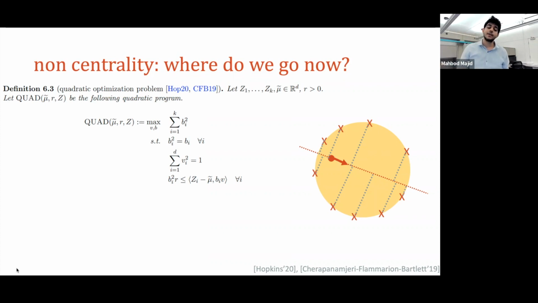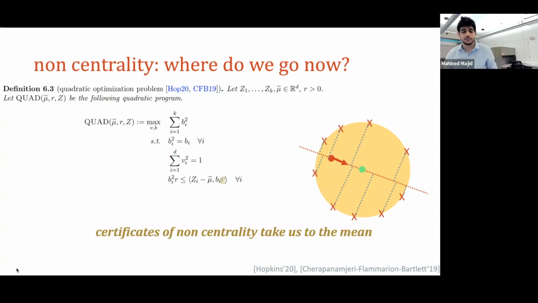Now the thing is, if we take that direction, it is going to take us to the place where the projection of the bucketed means ZIs are. And we know that the central points lie somewhere inside those points. So taking this direction is going to take us towards the central point. Therefore, we can use the certificates of non-centrality, i.e. V, to move towards the central point and eventually, and with high probability, to the mean.